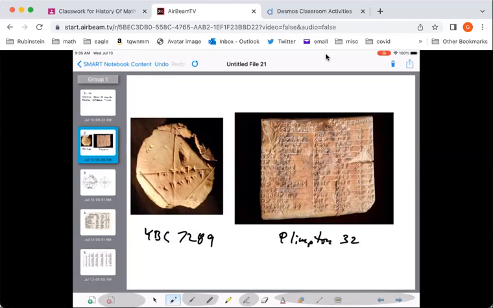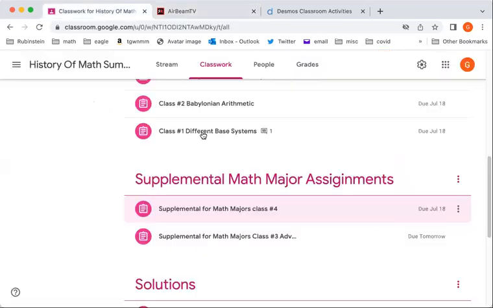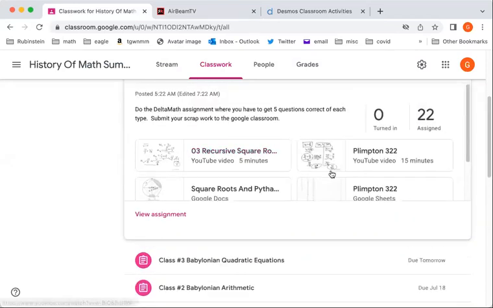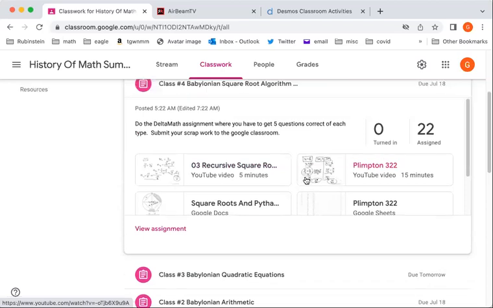I have put into the Google Classroom, if you look at lesson number 4, among the things there is a document, which is yours to have, that has drawings of these two tablets.